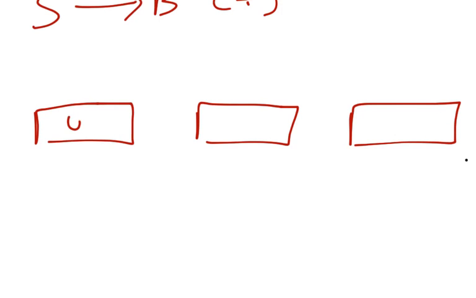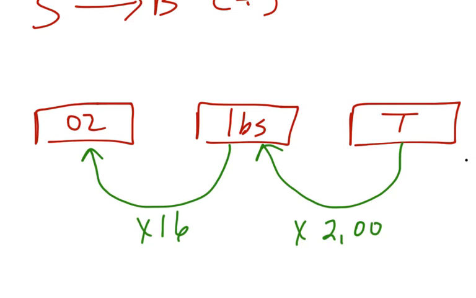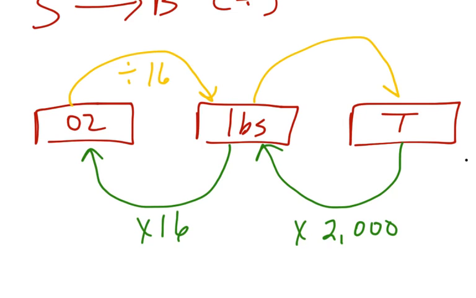So OZ, LBS, and tons. So when we go from pounds to ounces, big to small, multiply times 16. Tons to pounds, multiply times 2,000. When we're going the opposite way, divide by 16, and then divide by 2,000.